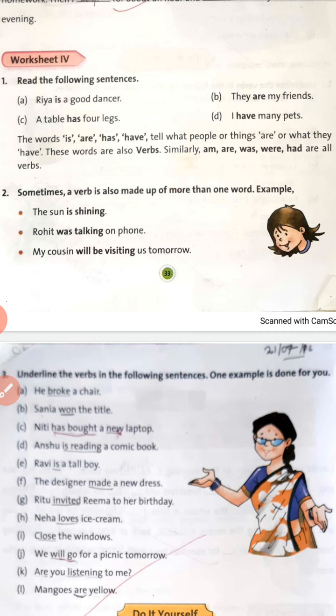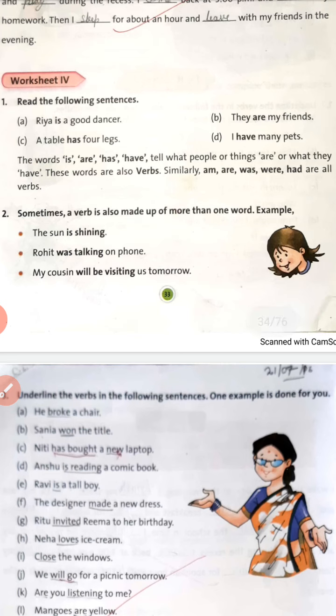I have many pets. The words is, are, has, have tell what people or things are or what they have. These words are also verbs. Similarly, am, are, was, were, have are all verbs. Sometimes a verb is also made up of more than one word.